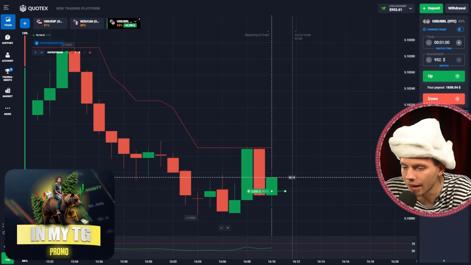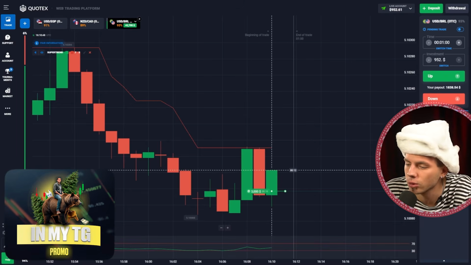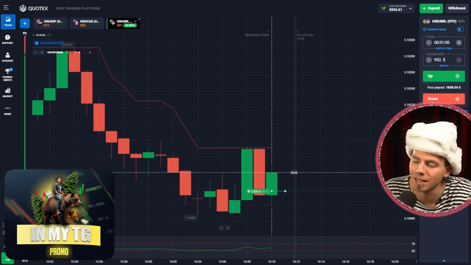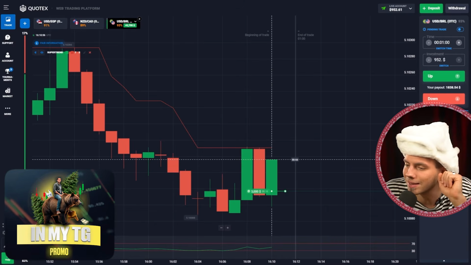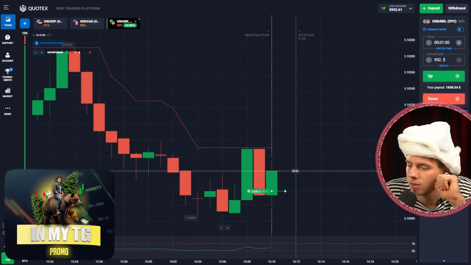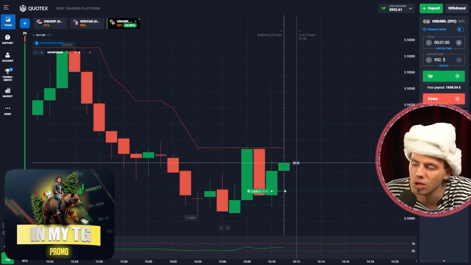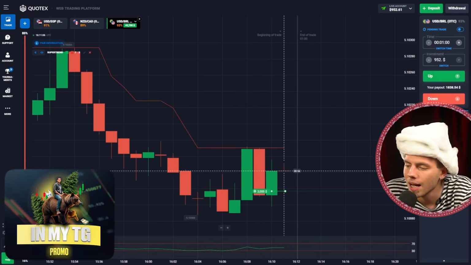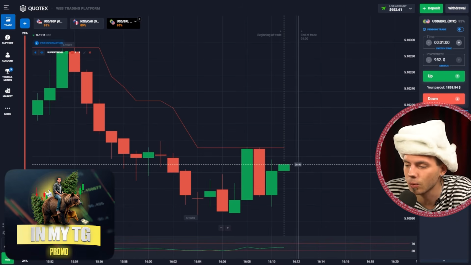So the RSI indicator is telling us pretty much the same information right now. We were close to the overbought zone, but we are moving up right now, okay? So yes, let's just wait a little bit and see what's gonna happen. Right now we already see the price oscillating and slowly starts to normally go up, which is okay. Pretty clear situation. Let's just be patient, guys, and wait a bit more.